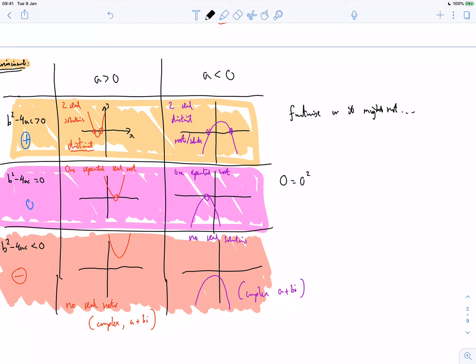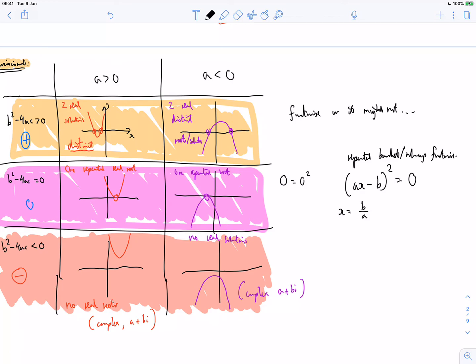So this will 100% factorise, and it will always factorise to ax minus b squared. And the point of where it bounces is always x is going to be b over a. What I'm trying to say is there's always a repeated bracket, and it will always factorise to a repeated bracket.